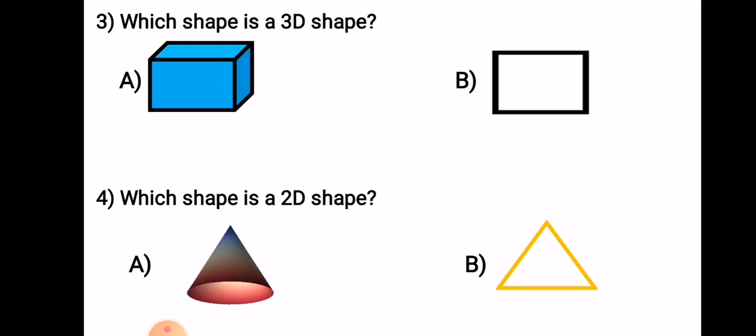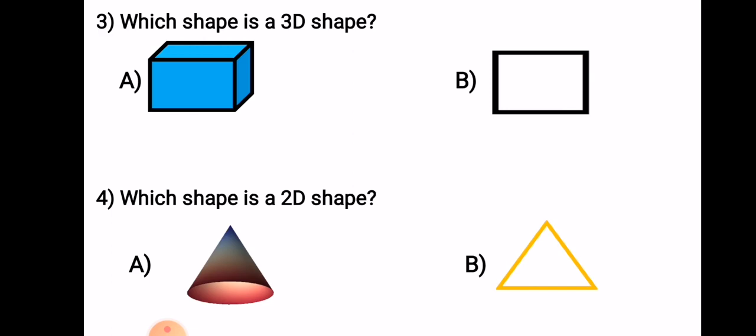One of our 3D shapes, and it looks like blocks. A cone. One of our 3D shapes, and it looks like a birthday hat. And finally, cylinder. One of our 3D shapes, and it looks like a soda can.